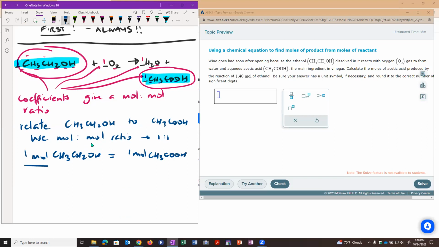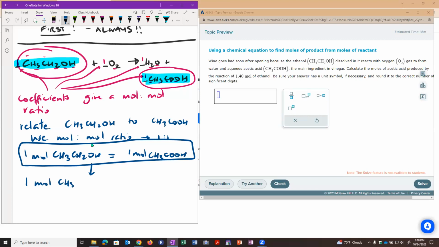That is an equality, and we've seen equalities over and over and over again in this class. The good thing about equalities is that we can turn them into conversion factors simply by putting one side over the other side of the equality. This is just another way where equalities can be generated, is by using the coefficients from the balanced equation.